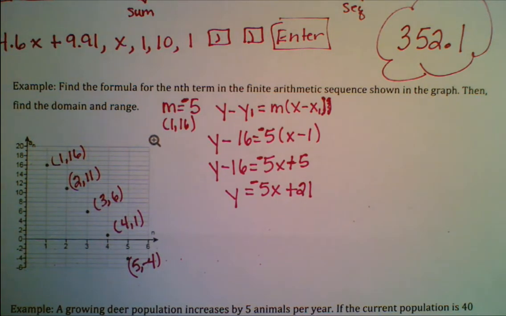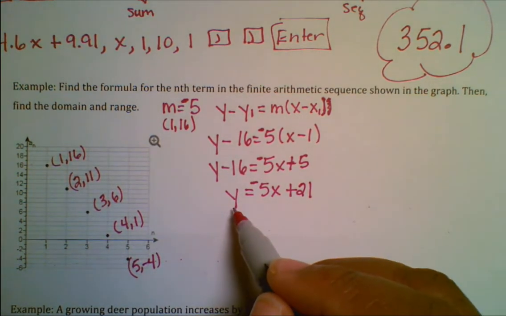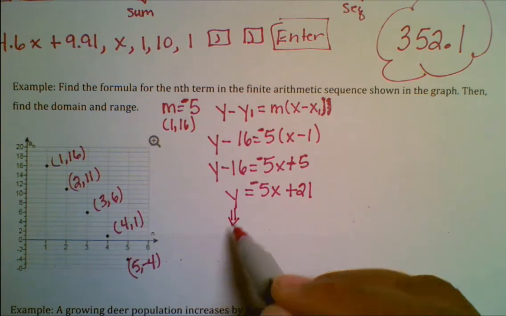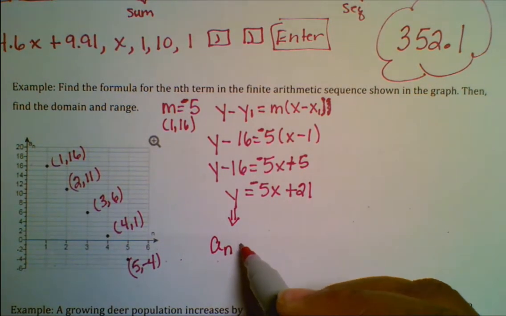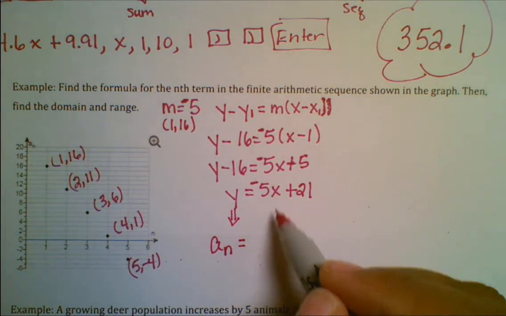Okay, so next what we're going to do is to create this formula. We're going to replace y with a sub n, and we're going to replace x with n.